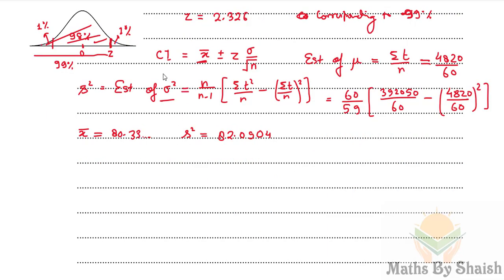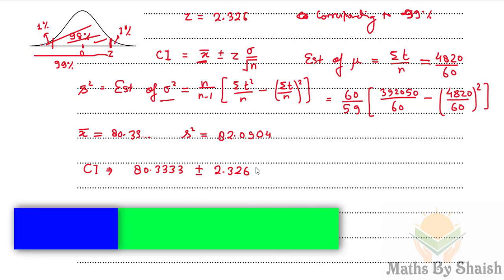So we'll put in this formula. The confidence interval CI is going to be x bar, that is 80.3333 to 4 decimal places, plus minus z, which is 2.326, and here corresponding to sigma, because we have the unbiased estimate, we are writing s square.